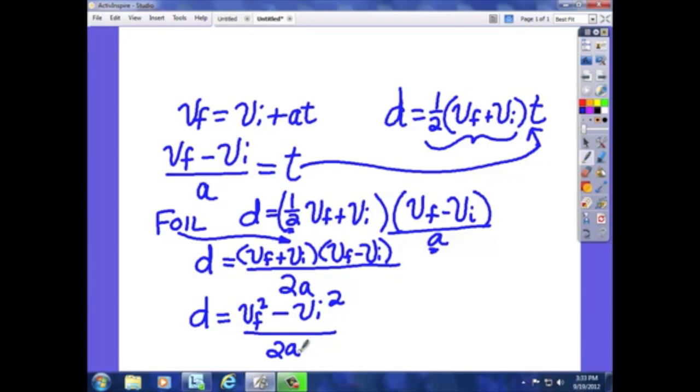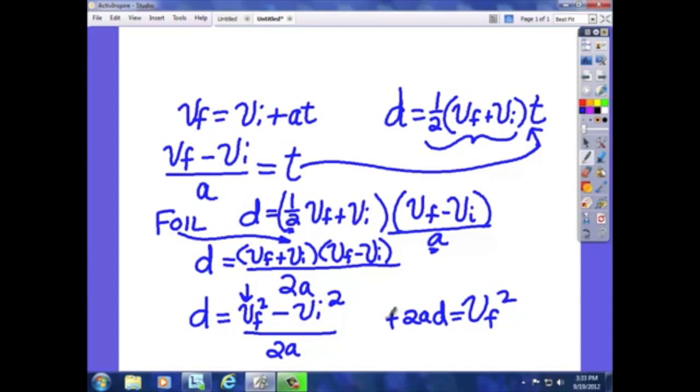What I can do then is focus on solving for V final squared. If I want to keep the V final squared alone, I'm going to multiply both sides by 2A to get rid of the denominator. That gives me V final squared on the right and 2AD on the left, and then I'm going to add VI squared to both sides.